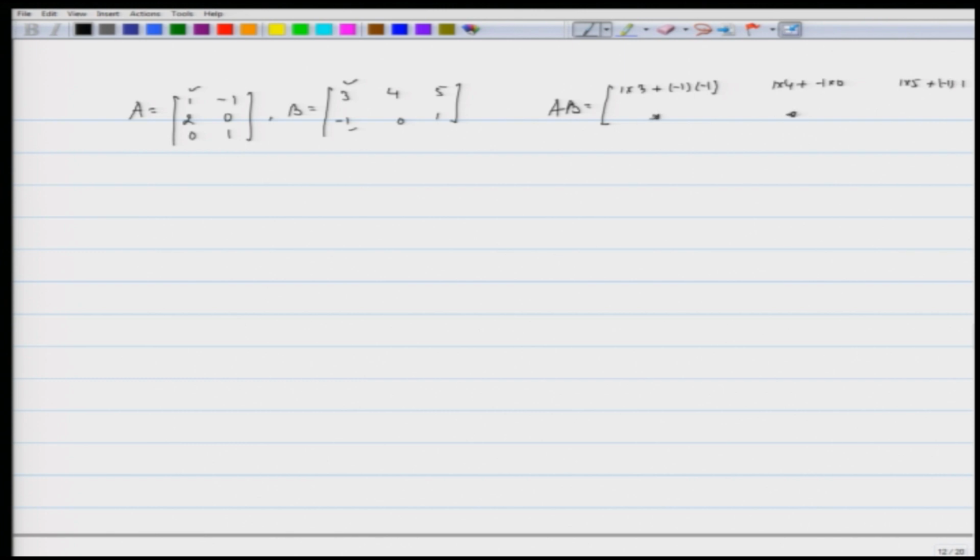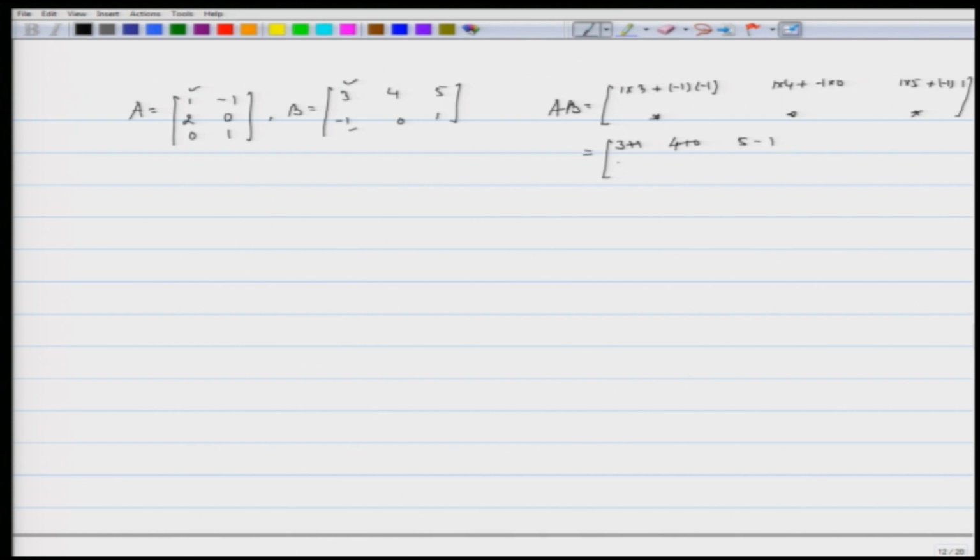Similarly, the entry is here. I would like you to check that this is nothing but 3 plus 1 is 4, 4 plus 0 is 4, 5 minus 1 is 4.